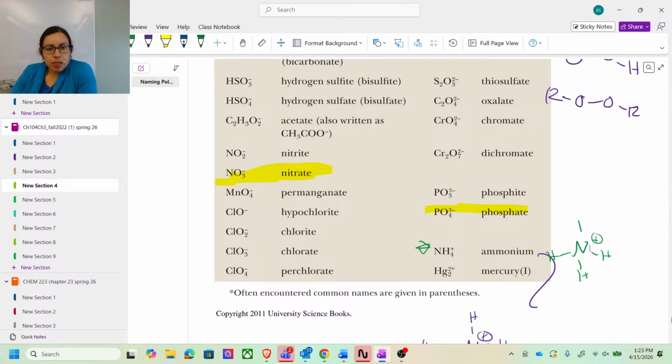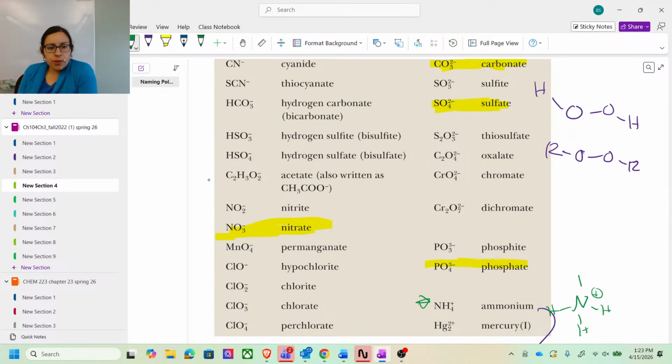And then other ones that confuse students. So we probably won't see acetate quite yet, but it will come up in the last week of our acid-base chapter. And it confuses people because sometimes they write it in this form, where it's carbon, hydrogen, oxygen, so C2H3O2.